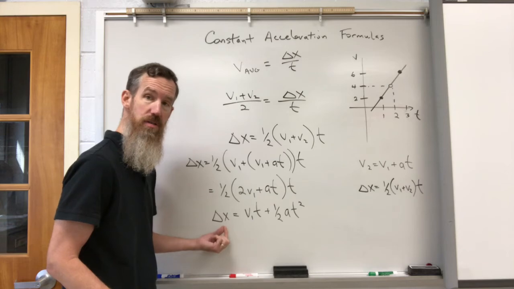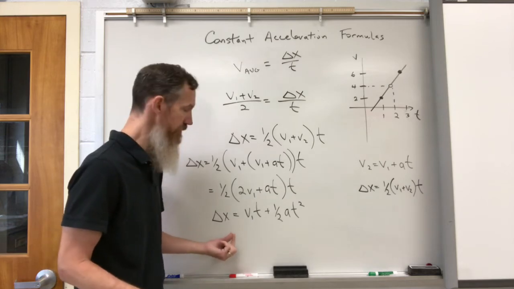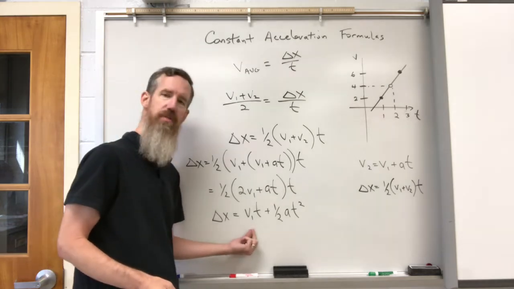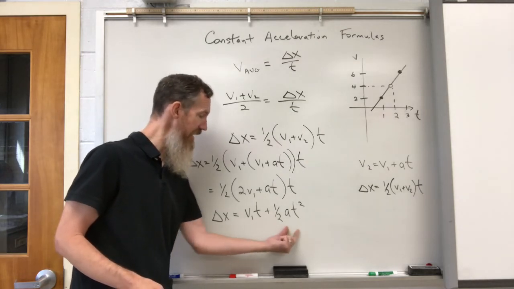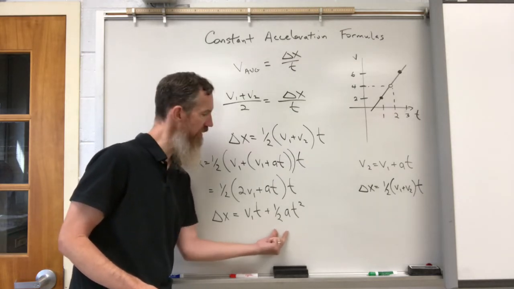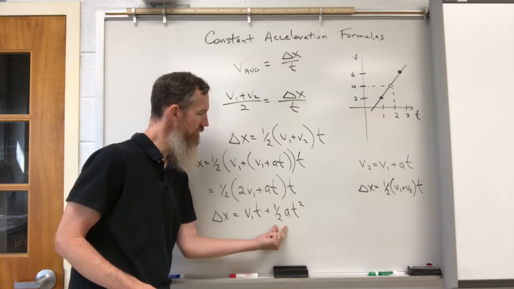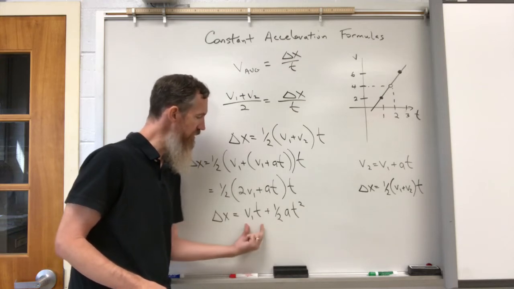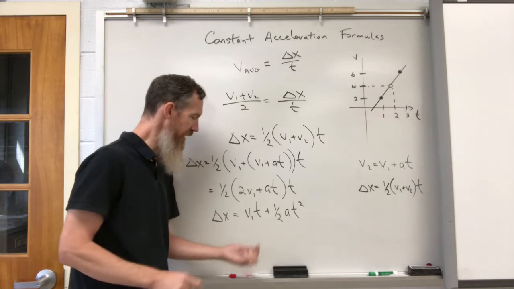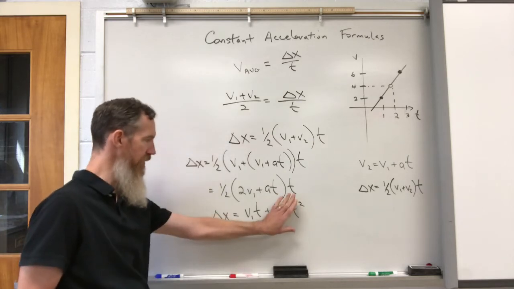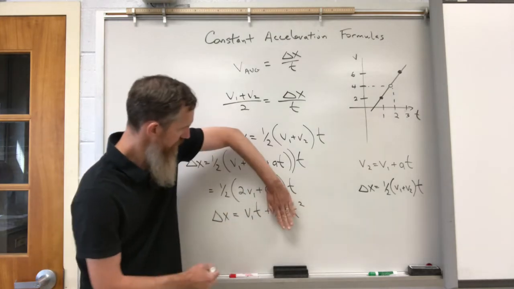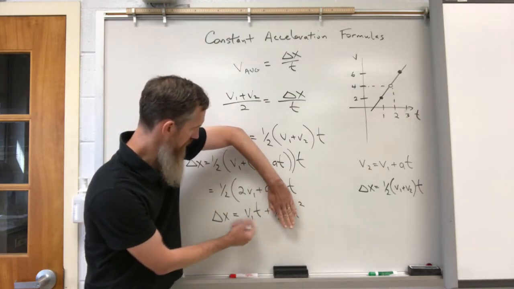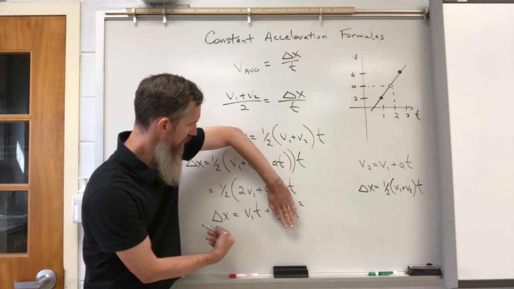Change in distance in a constant accelerating system is equal to that initial velocity times the time that it's traveling, plus any gained distance from the acceleration, 1/2 at squared. So this first term would be the distance if it were at a constant velocity. Obviously, if I'm at a constant velocity times time, I gain some distance.